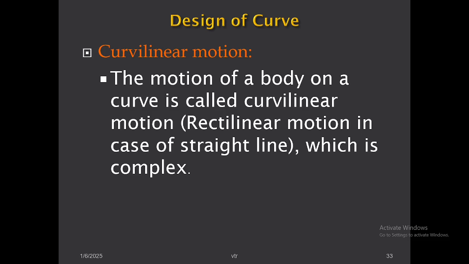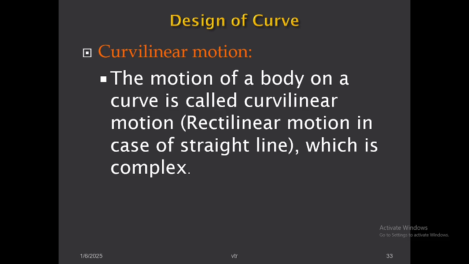But in the case of a curve, when a body moves on a curved path, though the speed is constant, the direction at every point gets changed. That is why there will be a change in the velocity. Though the speed is constant, velocity is a vector quantity, and it gets changed at every point.